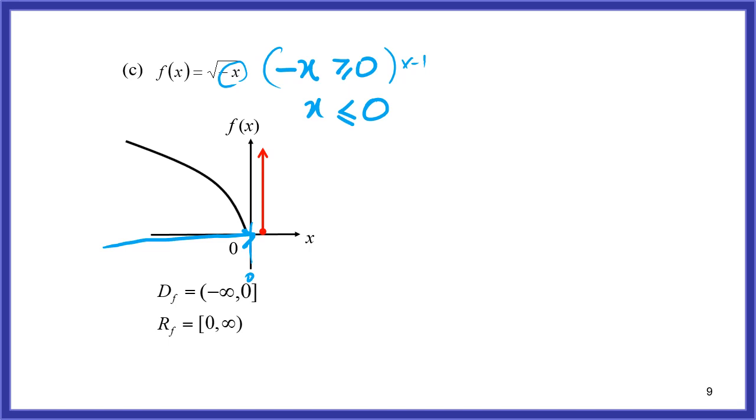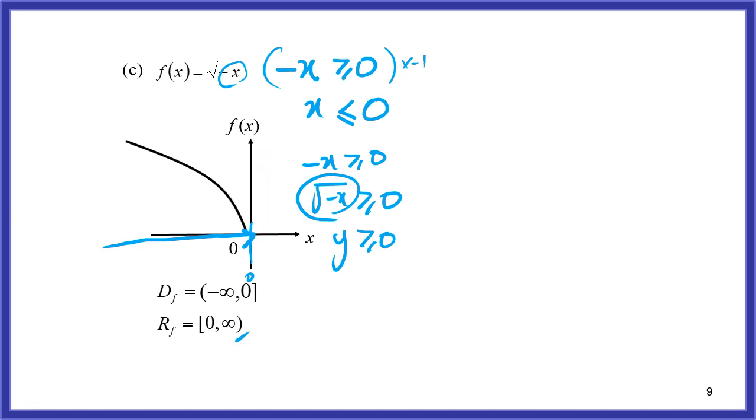So that's why the domain is from negative infinity up to 0. How about the range? Since negative x is more than or equal to 0, the square root of negative x is also more than or equal to 0. What is the square root of negative x? It's actually the y, more than or equal to 0. That's why we have the range like this.